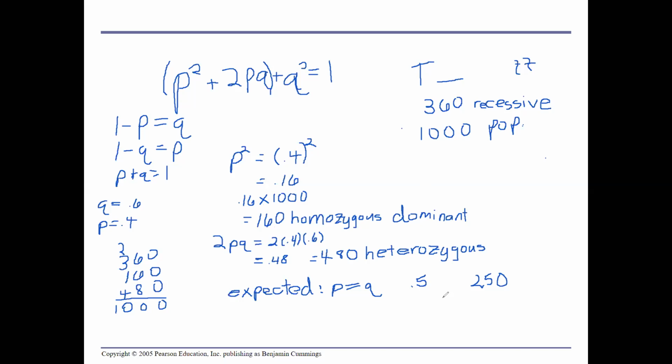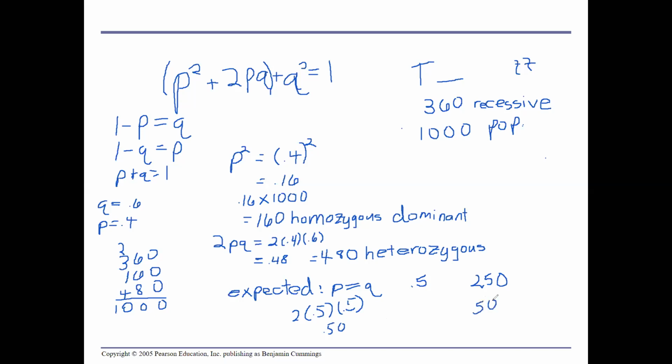And then of course 2PQ would be 2 times 0.5 times 0.5. That's 0.25 times 2, so it's 0.5, and you take that times 1,000, and that gives you 500.